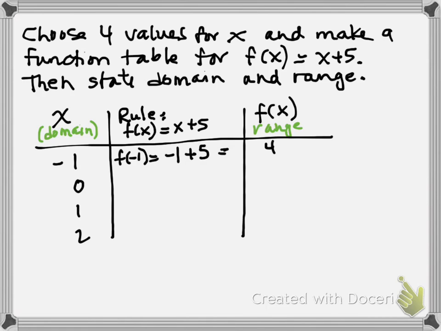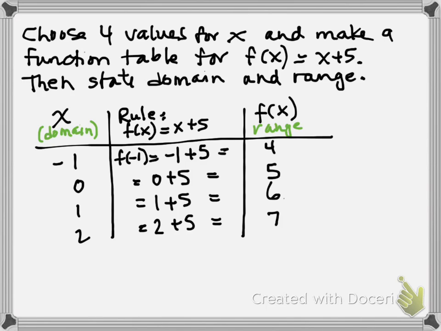Okay? So now I'm going to plug in 0 for x. And 0 plus 5 is 5. And now I'm going to plug in 1 for x. And 1 plus 5 is 6. And now I'm going to plug in 2 for x, and I get 2 plus 5 is 7.